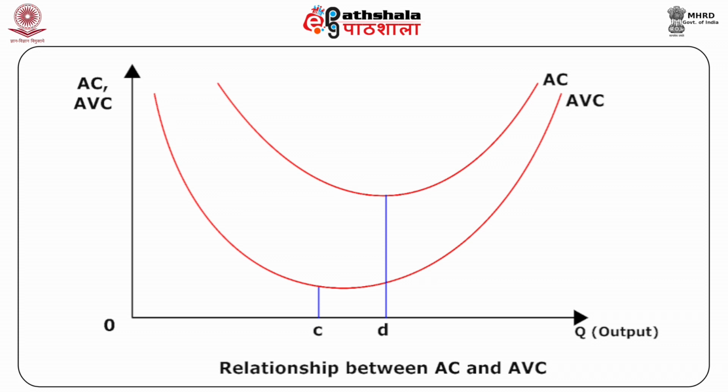AFC by itself is falling and AVC has already started to rise. So therefore, we see that AVC begins to rise before AC, but they are both U-shaped cost curves and they both have a minimum point. Only the minimum point of the AC arises later than the minimum point of the average variable cost.